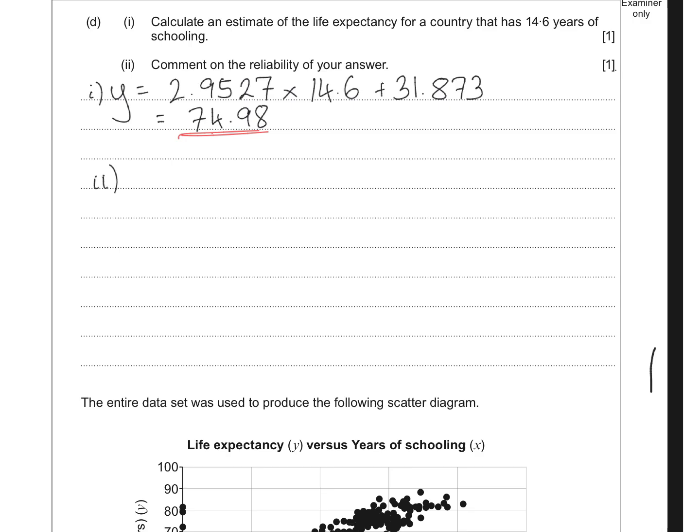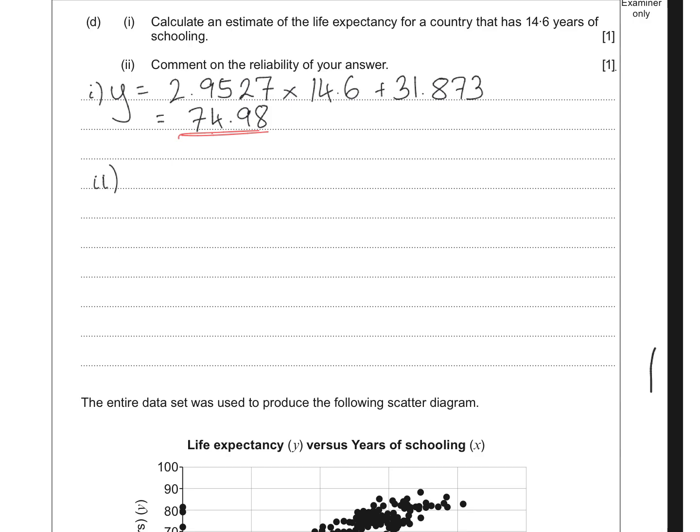Okay, on to part e2. Comment on the reliability of my answer. Again, stats answer, you can say it's reliable, you can say it's not, as long as you're backing it up. Although in this one, I think it probably is reliable looking at the data, so I wouldn't be inclined to go towards unreliable, mainly because we're interpolating.